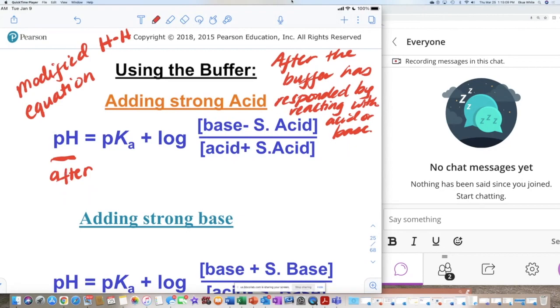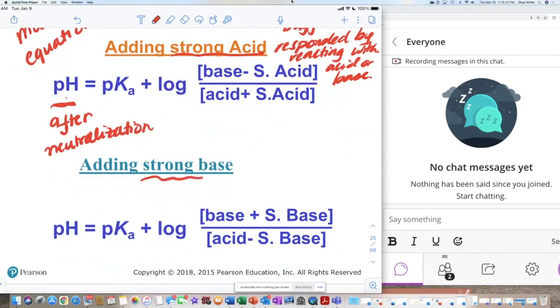Neutralization. I just wrote nutration. My goodness. After neutralization. So we have already neutralized, in this case, the strong acid. What is our new pH? After we have neutralized the strong base, what is our new pH? We are figuring out the pH again, but this time it's after neutralization.